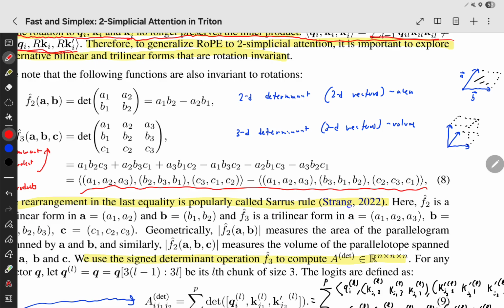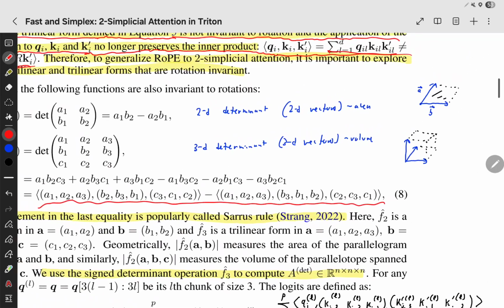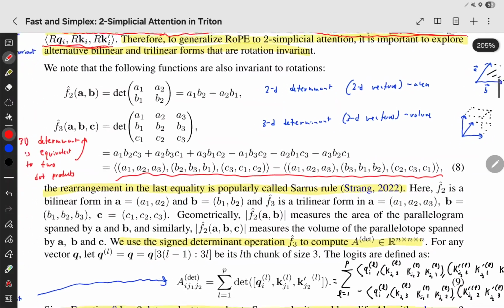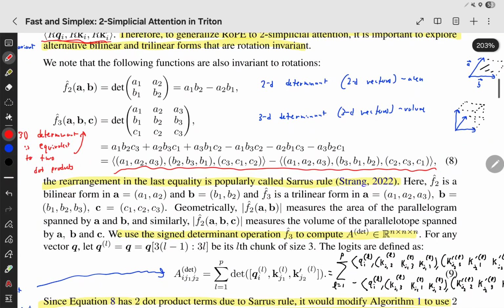So instead of taking the naive inner product, which is not rotationally invariant, we're going to take the determinant, which is rotationally invariant. You can rotate this however you want, you're still going to get the same determinant. And that's the operation we use instead of this three-way inner product.